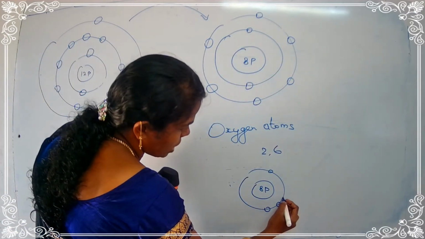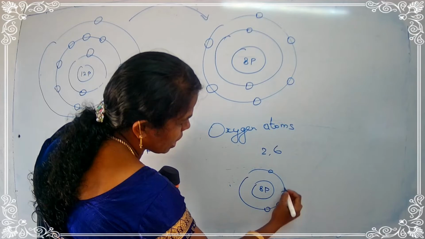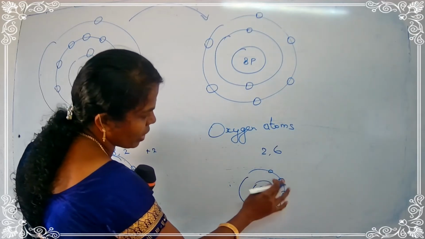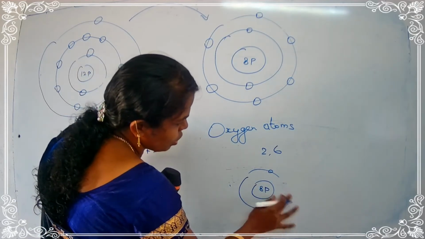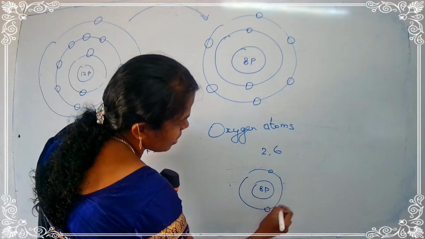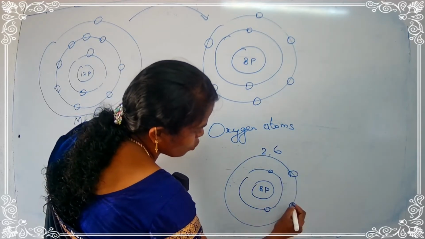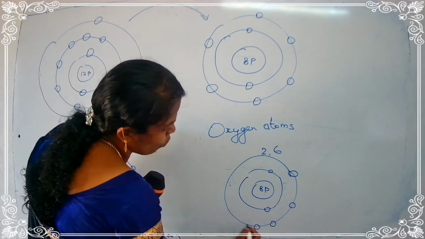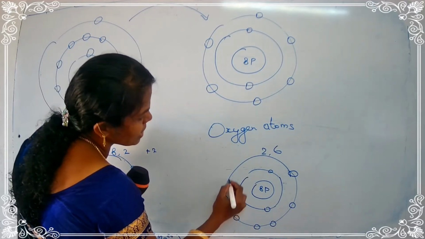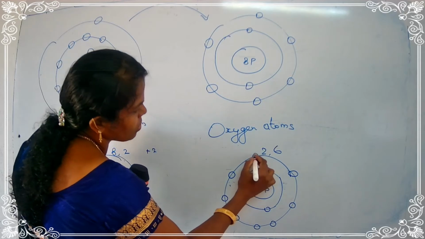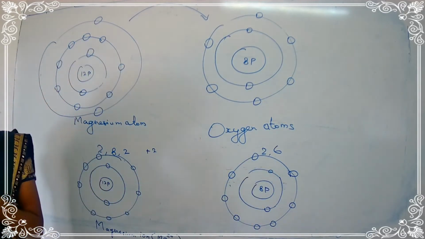Here this is the first shell, so only 2 electrons. Then we draw the next shell. 1, 2, 3, 4, 5, 6, 7, 8. Now 8 electrons are here.